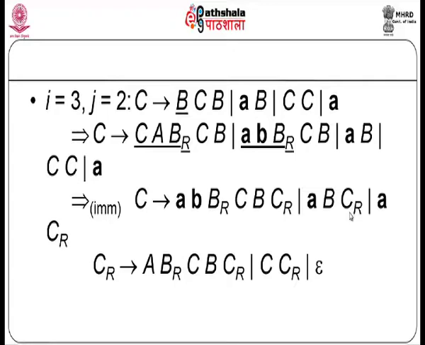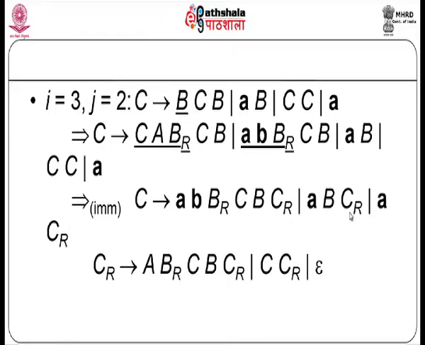So, this B has now got multiple productions. All these are substituted here, and then now I have productions for C. Now, C has got CABB'CB or ABB'CB or AB or CC or A. Now, the first two are the left recursive productions of C, and the other 3 are the non-left recursive productions of C.